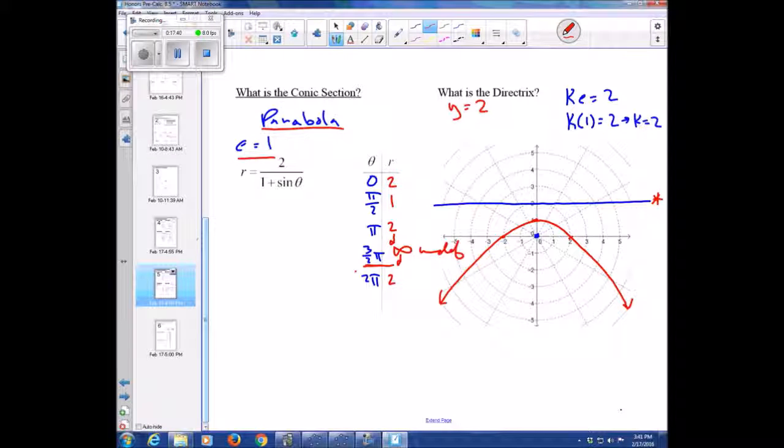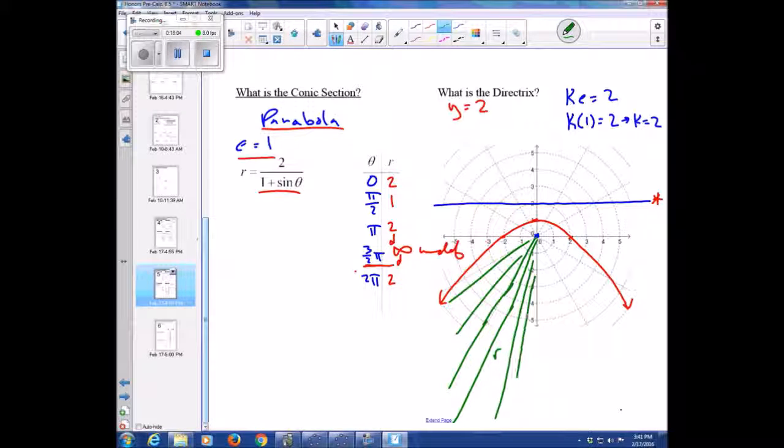But if we think about approaching 3/2 pi, we can see that that denominator of 1 plus sine theta is actually getting smaller and smaller. So we're getting r values extended out to positive infinity, right? And basically, as we continue to rotate, these r values down here are really, really long, and they continue to extend out, getting infinitely long.